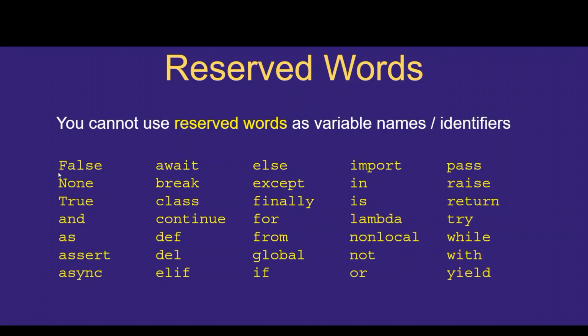You can see: False, await, else, import, pass, True, class, finally, is, return, and, continue, for, lambda, try, as, def, from, nonlocal, while, assert, del, global, not, with, async, elif, if, or, yield.